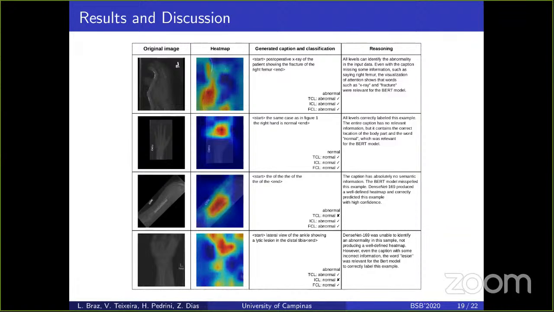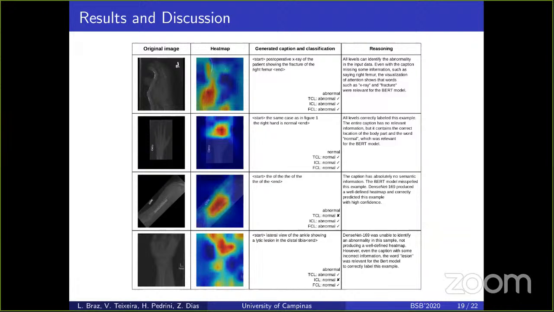In the first two examples, all levels were able to correctly label the input image and text. The BERT model correctly detected relevant information and was able to discard spurious information present in both captions. The DenseNet 169 model could also identify relevant regions on the image.